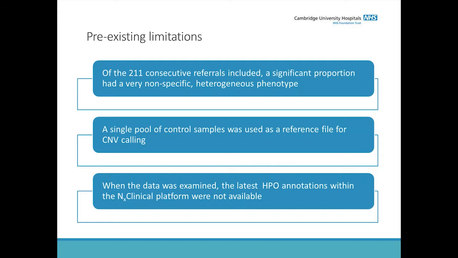So the same rules apply for array analysis as they apply for NGS analysis in that regard. And then finally, when I examined the data, I realized that I was not using the latest HPO annotation within the NX Clinical platform, and this again had an effect on the results of this study.